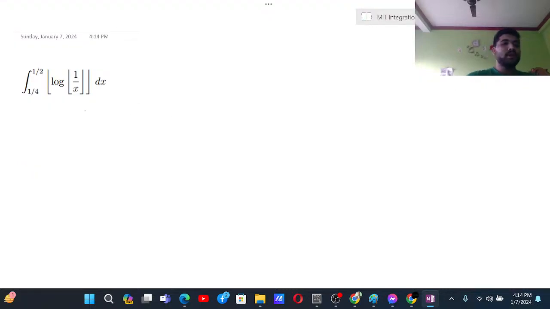Okay. Now for this problem, the integral is going from 1 by 4 to 1 by 2. We also have these symbols. So this is actually the GIF function, which is the greatest integer function. This function returns the greatest possible integer which is smaller than the number.